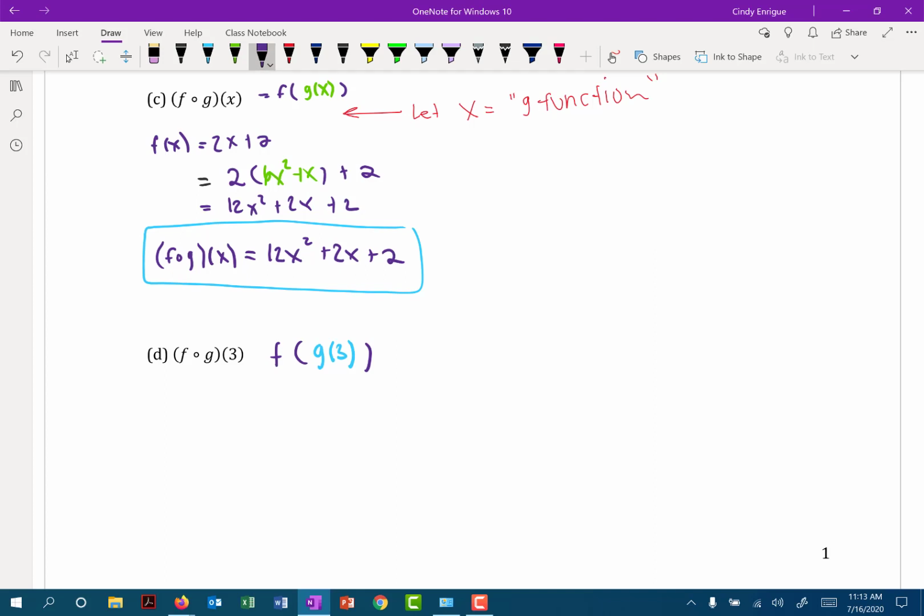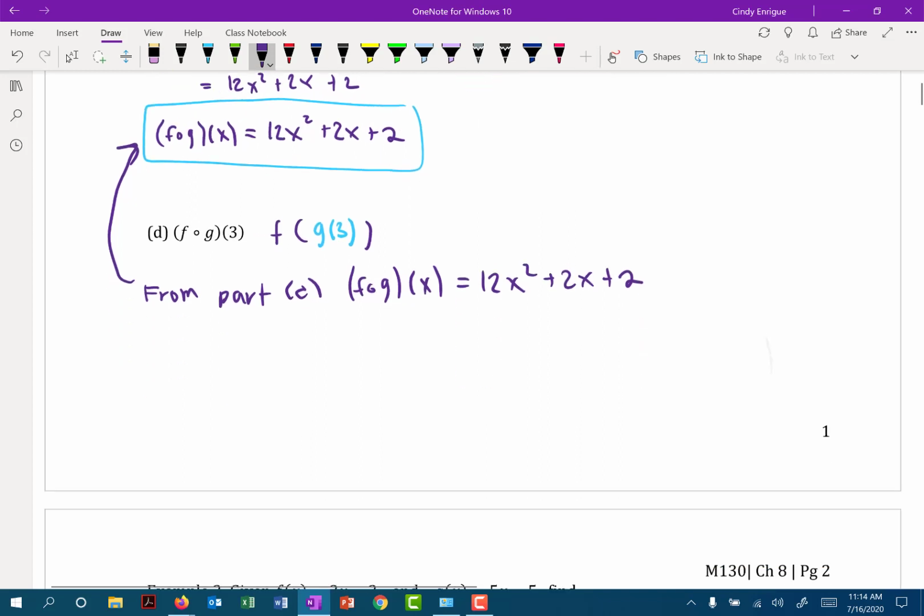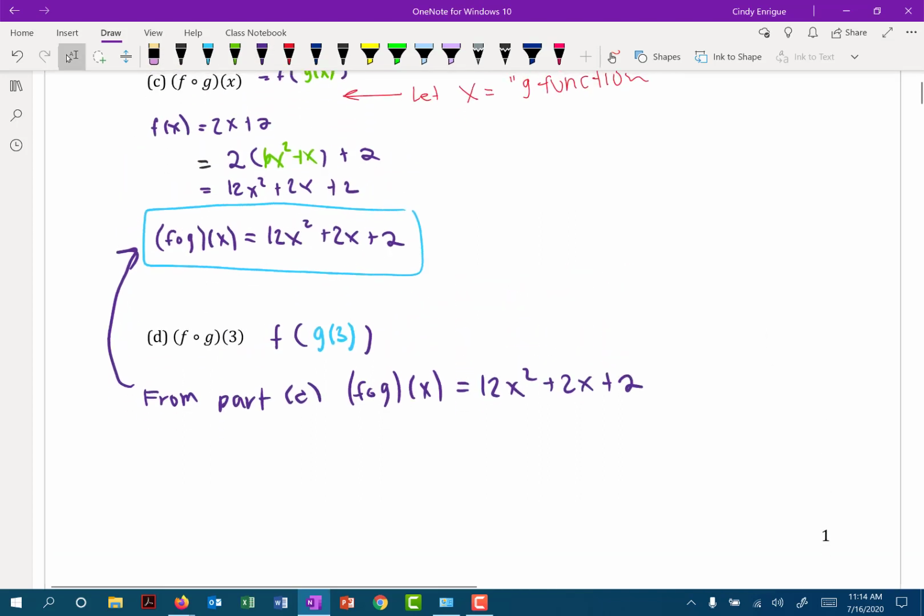You already know from part C, from right above, that f composed with g with respect to x is equal to 12x squared plus 2x plus 2. So I already did the composition of f composed with g. Really what you're doing is plugging in that value, which is 3. So I'm going to have f composed with g, and now the value I'm plugging in is 3.